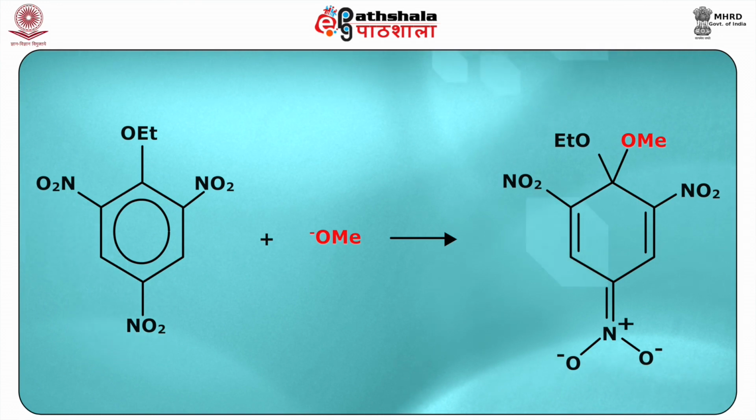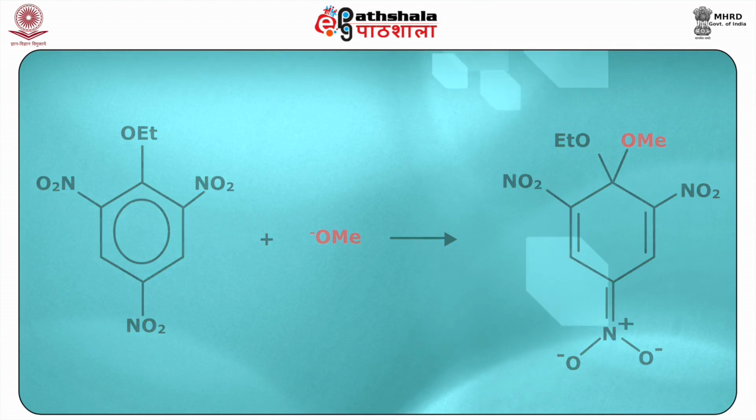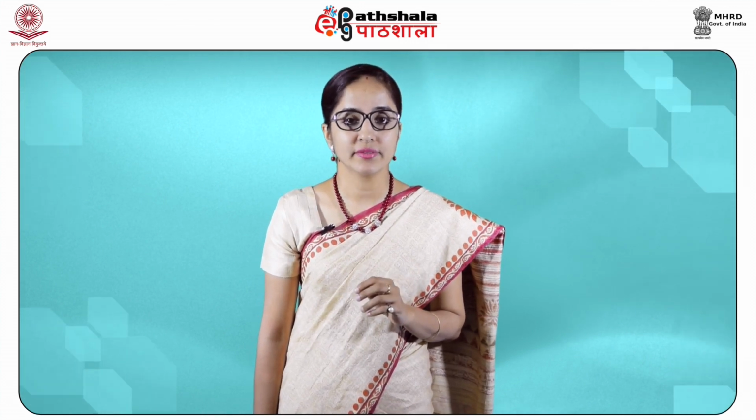Now, it is very interesting to know, students, that intermediates of this type are stable salts, and they are popularly known as Meisenheimer salts or Meisenheimer-Jackson salts. Now, you can see the formation of a Meisenheimer-Jackson salt in case of 2,4,6-trinitrophenetole. Till date, students, a great number of such complex intermediates have been isolated and characterized by the latest techniques like NMR and X-ray.